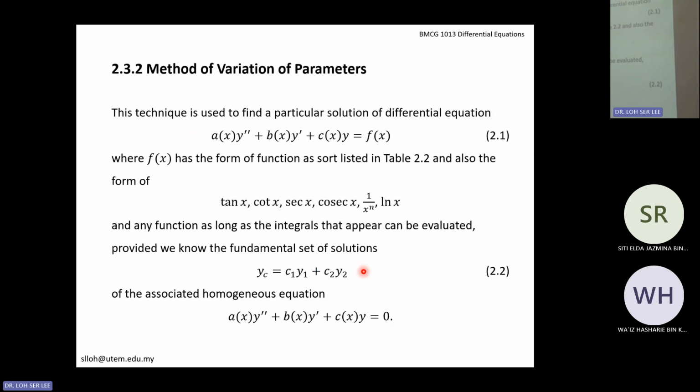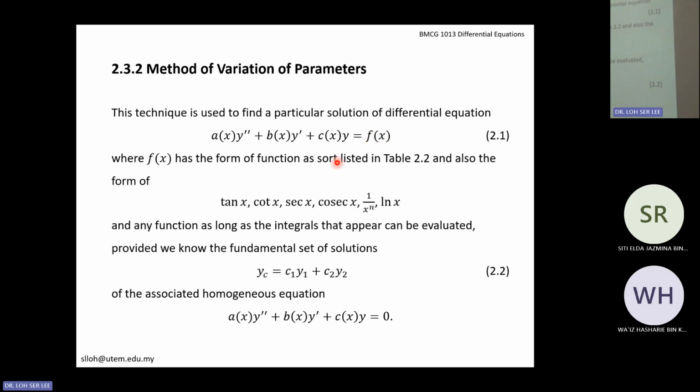Now the right-hand side function can be any form of function, as listed in table 2.2, and also any other form. There is no limit for the form of f(x). It can be any function.